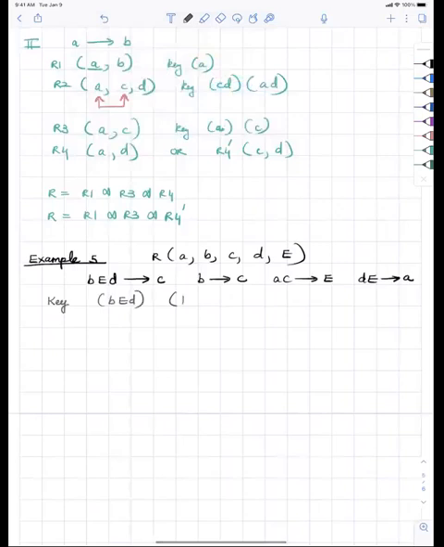Okay, B, D, A. Let's see. B goes to C. A and C goes to E. Yes, so that's also a key. So there are 2 keys, BED and BDA.